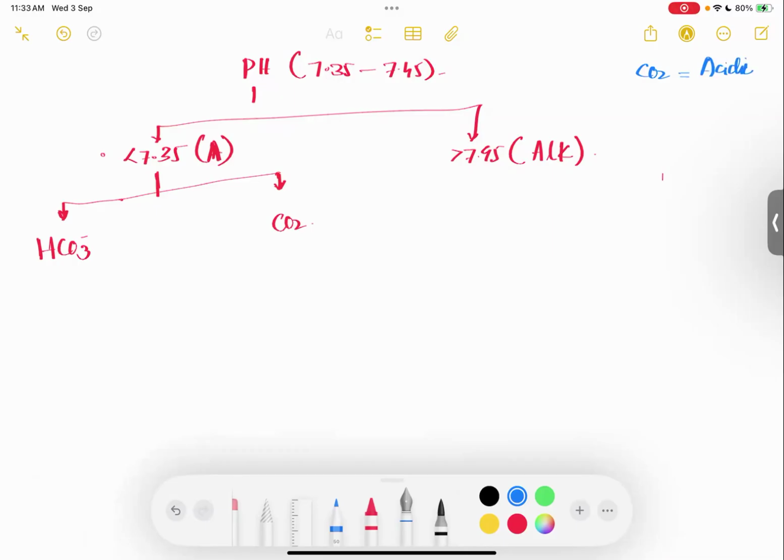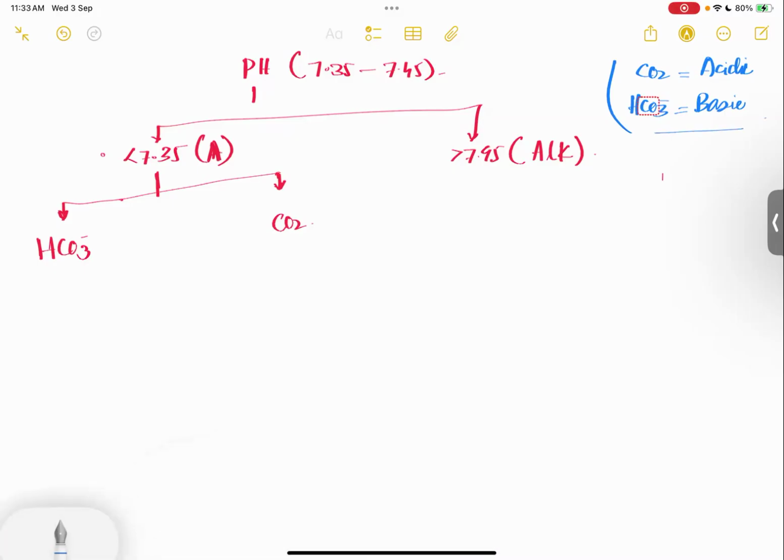And bicarbonate is basic. So if acidosis, carbon dioxide, being acid, will increase. If this is increased, what do we call it? Respiratory acidosis.